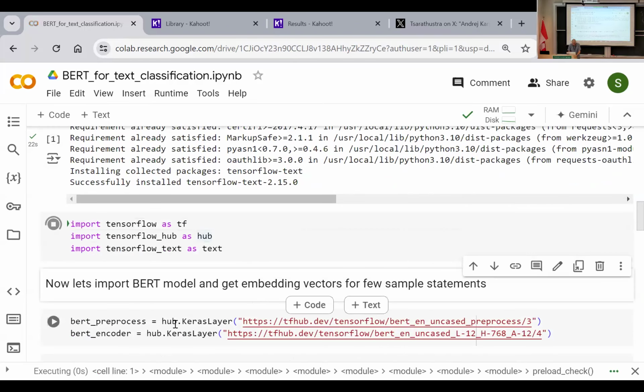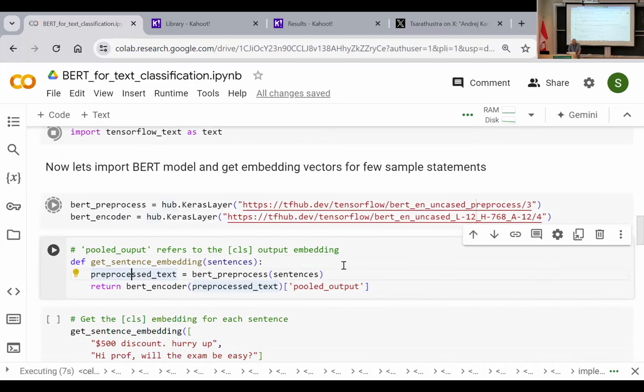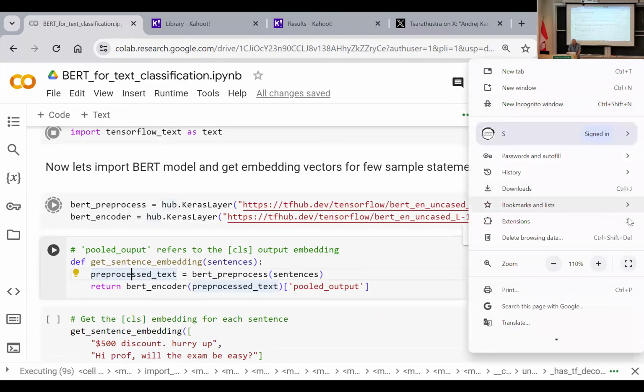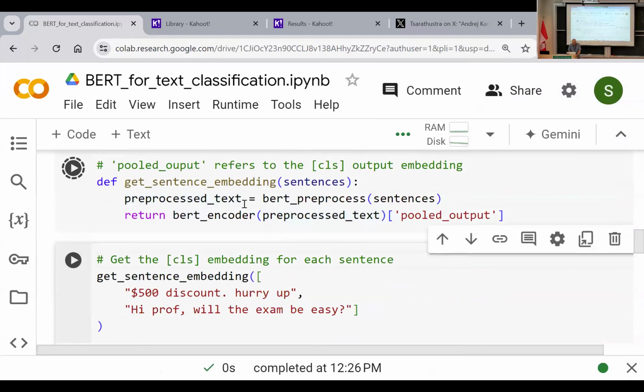I'm importing these. These are the two parts of the function I showed you, right? And this is the example.